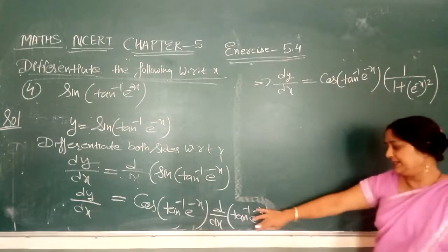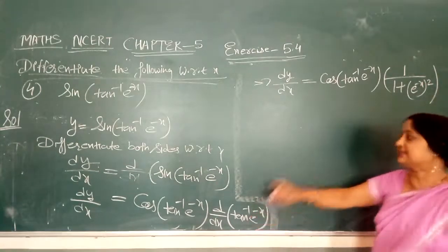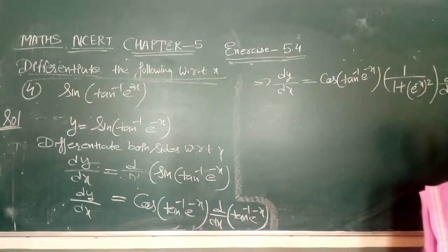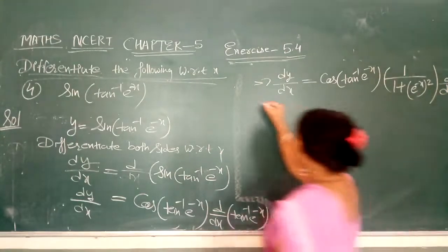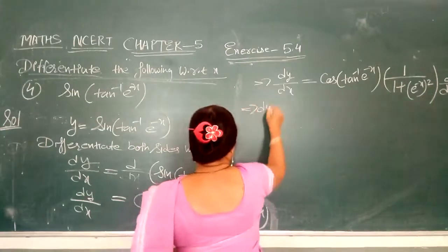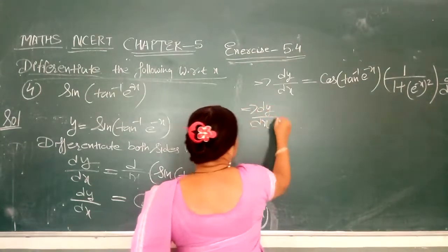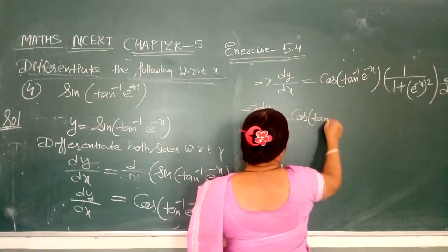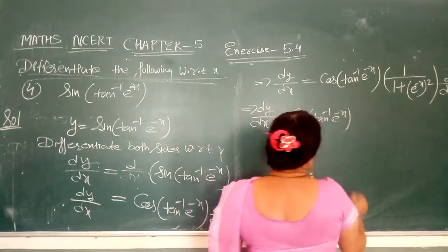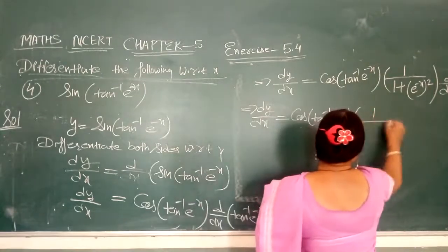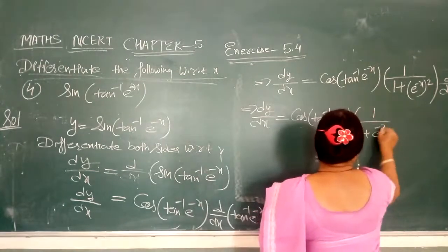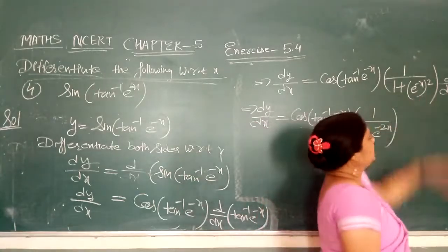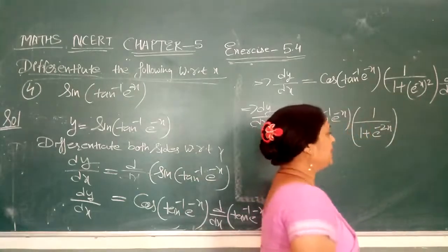Again here theta is e raised to power minus x. So again you have to find the derivative of e raised to power minus x. So further it implies dy upon dx is cos of tan inverse e raised to power minus x into 1 upon 1 plus e raised to power minus 2x, because we square e raised to minus x, so it will come e raised to power minus 2x.